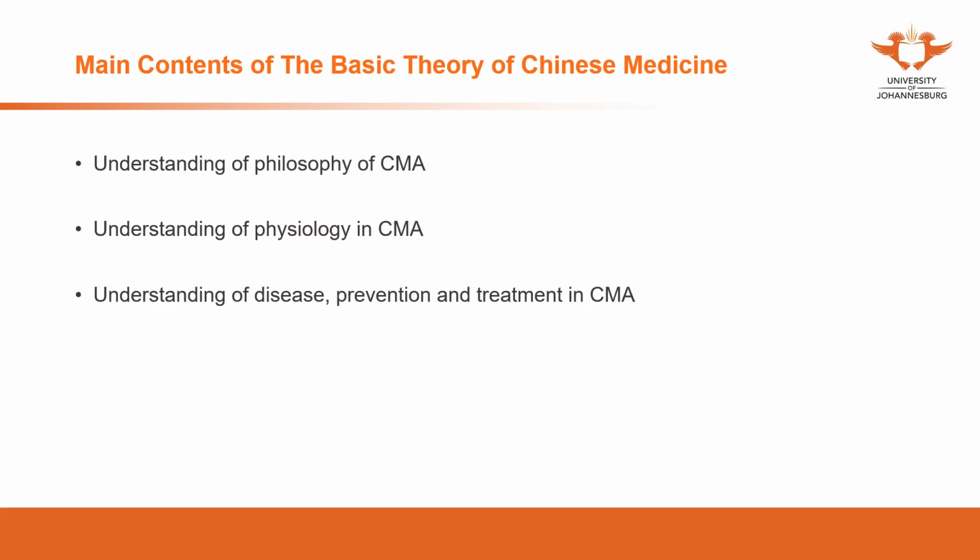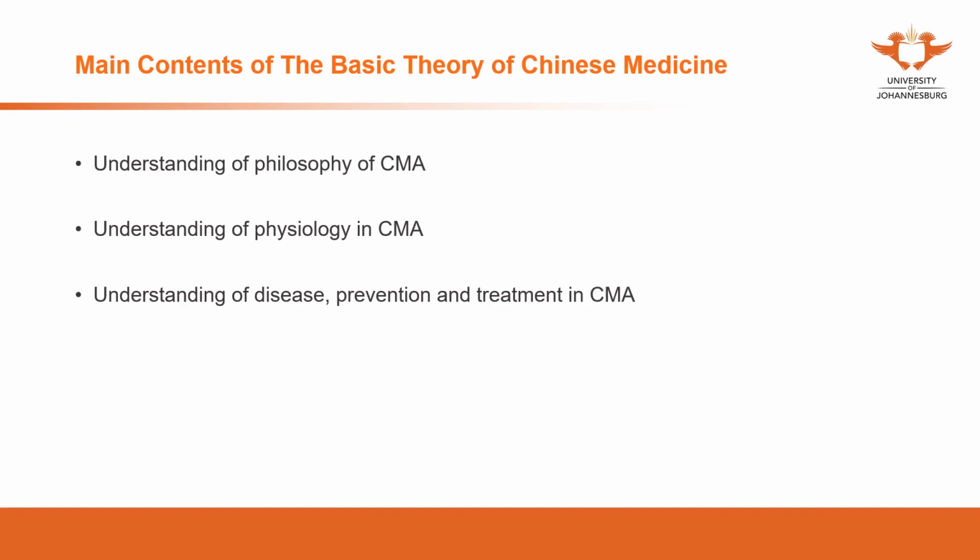What are the five-element theories? Where they come from and how to apply these theories in our practice. We also need to understand the physiological condition of our human body, because you need to understand what's the normal condition. Only if you know the normal condition, you will know the pathological condition.